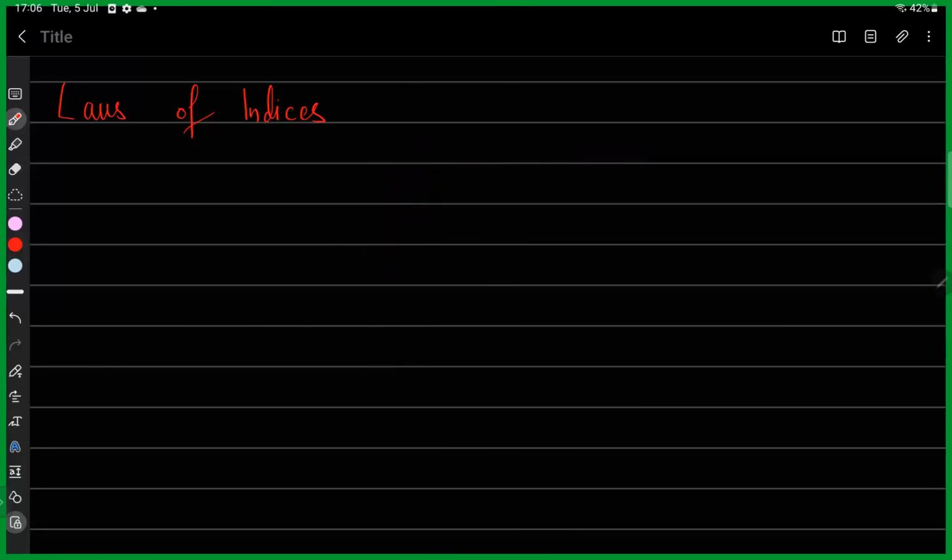So law number one. We have multiple laws. Let's just talk about the first one. The first one says a power m multiplied by a power n is going to give you a power m plus n. Now what is happening? We have two bases and both the bases are the same.